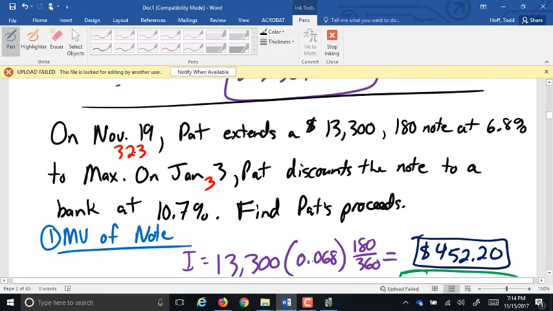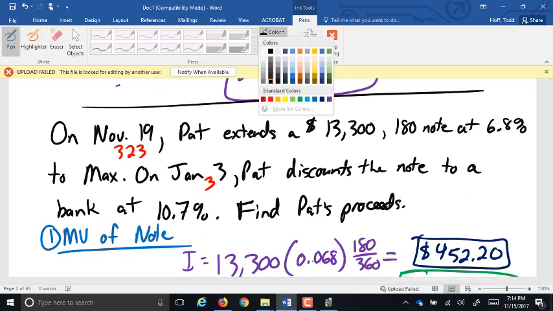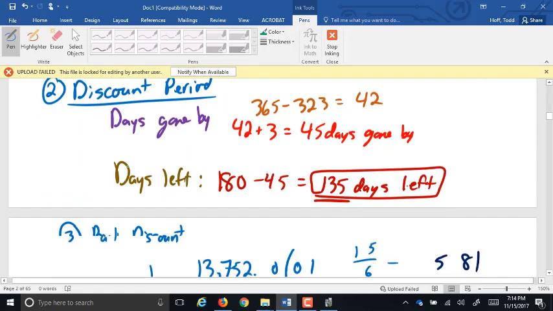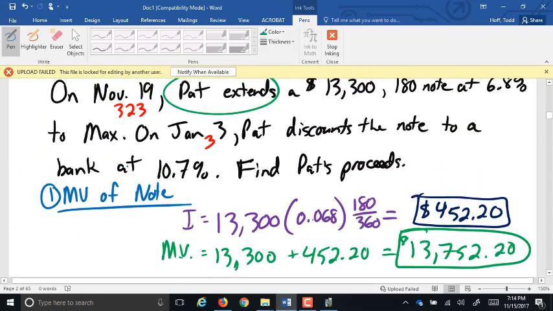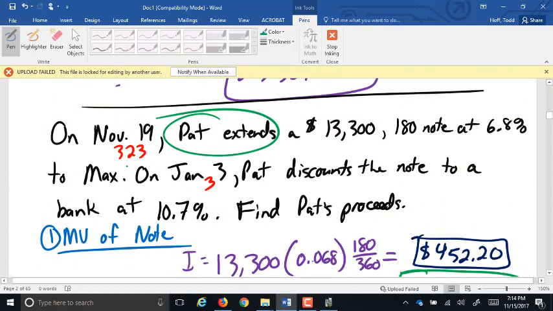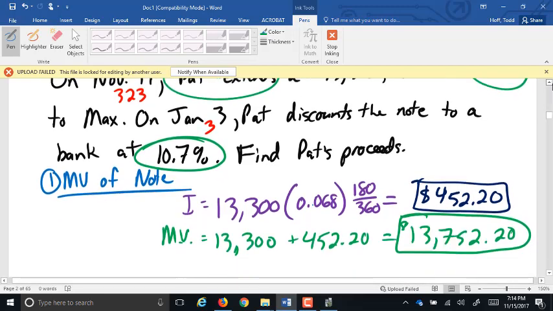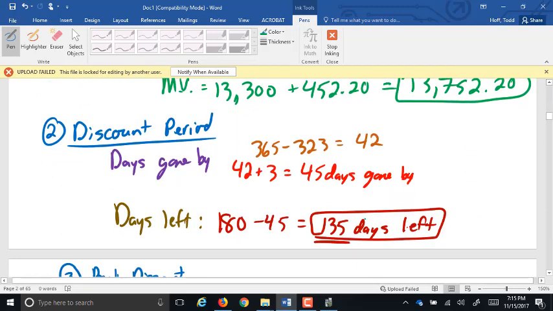Pat, who made the loan, took a loss, only got $13,200 back. Why? Well, there's two things. One reason, the discount rate is significantly higher than the rate on the original note, almost 4%. So the bank is charging way more interest than what Pat was charging. Second, there's a lot of time left. The bank's going to have to hold on to this for a long time.